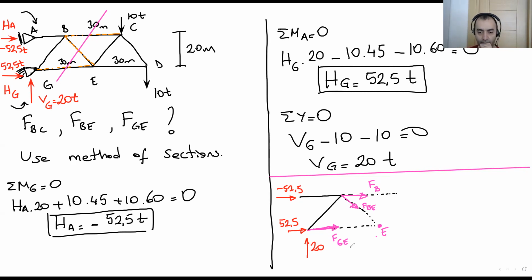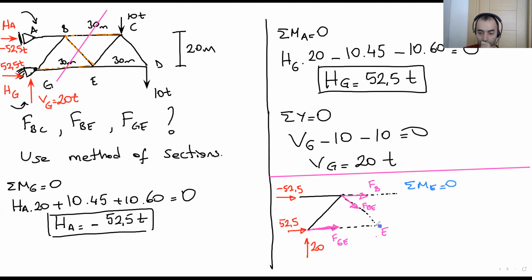For example, I have now the left piece. I'm looking for these three forces. Now, if we write total moment 0 according to point E, that means total ME is 0.